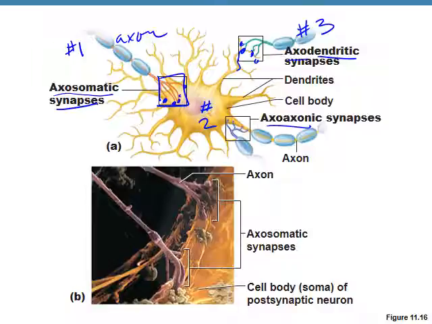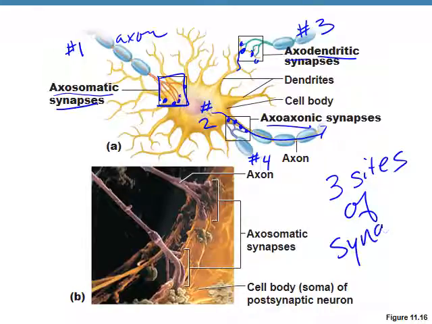And then we have an axoaxonic. This is still all number 2, right? And here's yet another neuron, and instead of touching the soma or the dendrite, it's touching the axon. So we have 3 different sites of synapse in this figure.